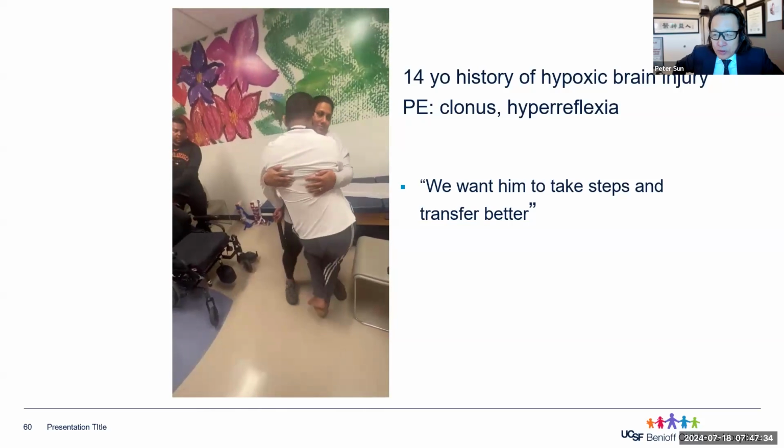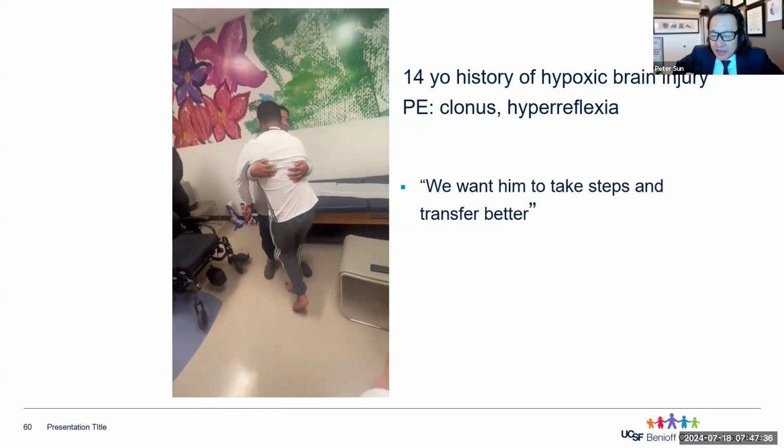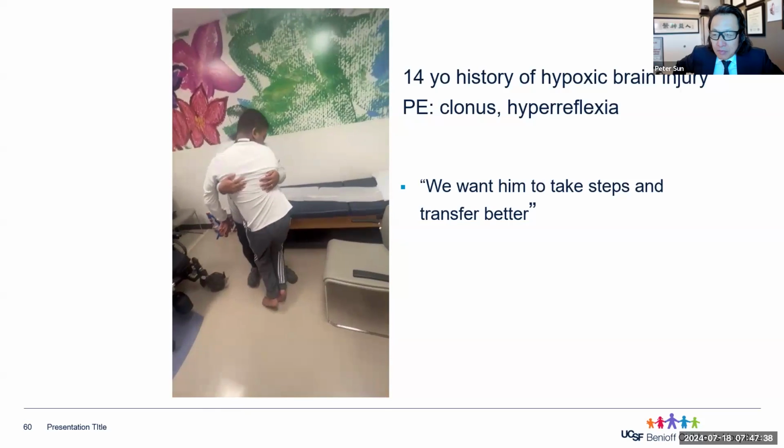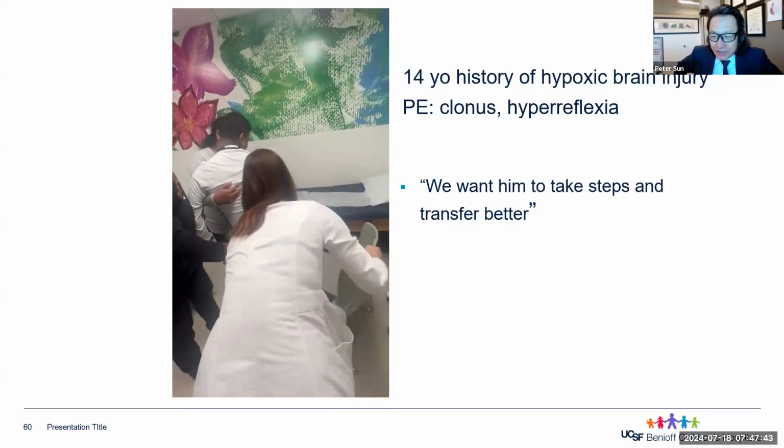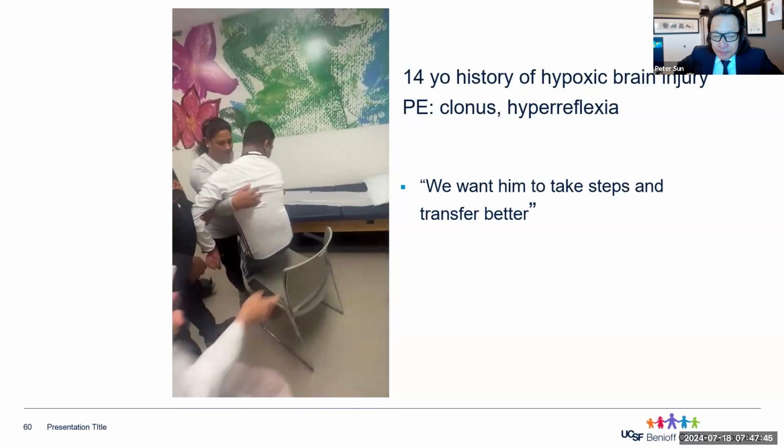So we see he is being held up by mom, supporting pretty much his entire weight. He is able to keep his legs straight and kind of pivot and then sit down.